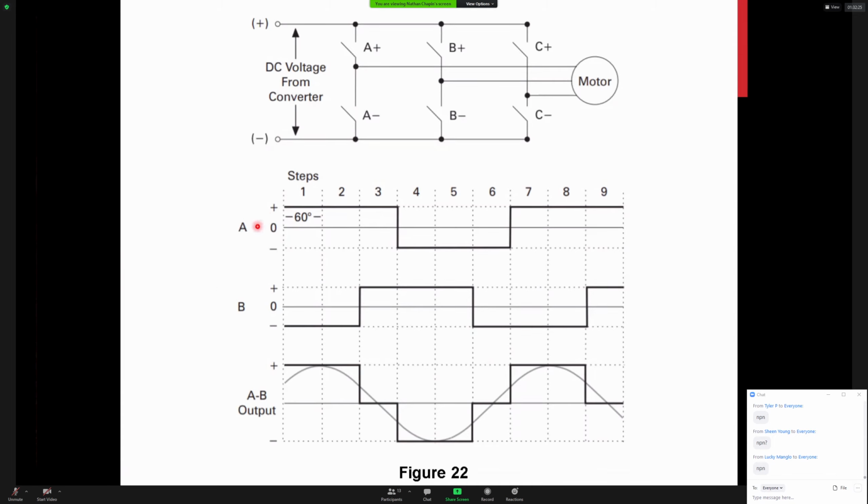So we have line A, line B, but then the line-to-line voltage between A and B is the difference between the 2 here. So what that means is we wind up with a stepped voltage like this, which is a little bit better. This can be referred to as a 6-step method. Sometimes there's an extra little bump in there, depending on the design of the inverter.